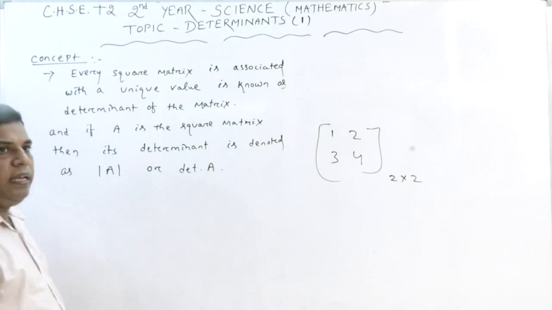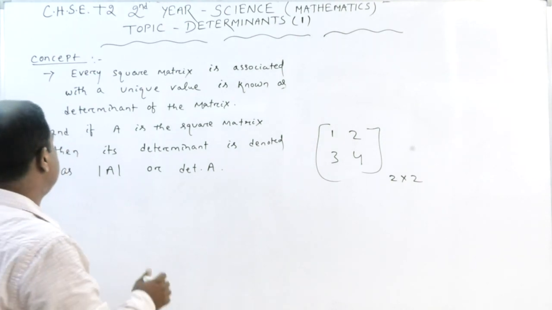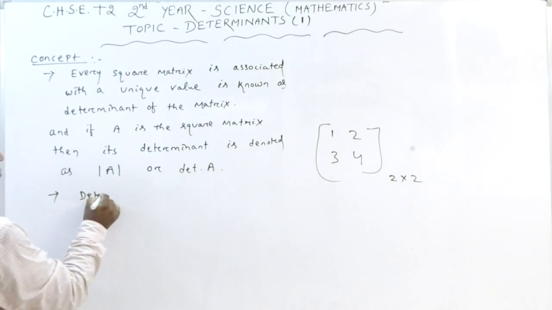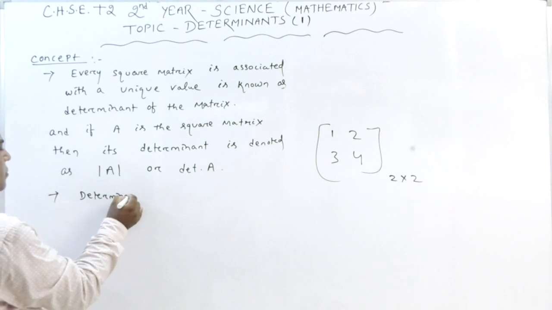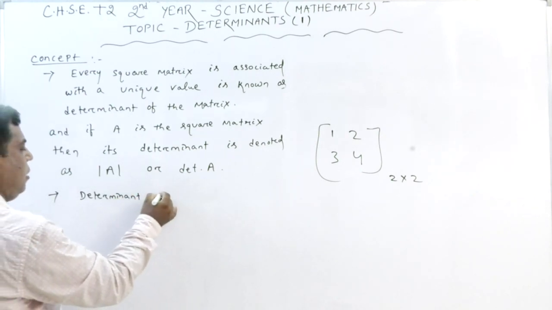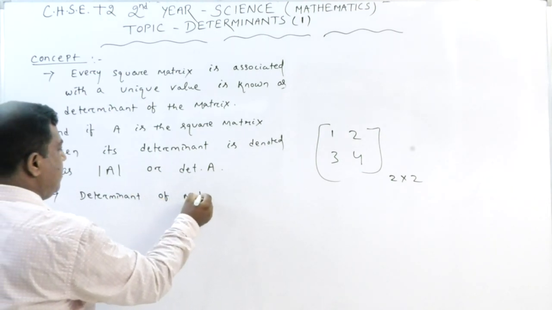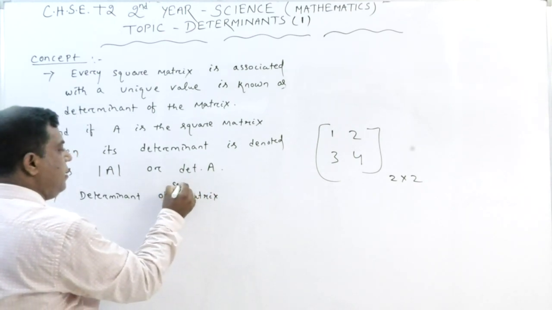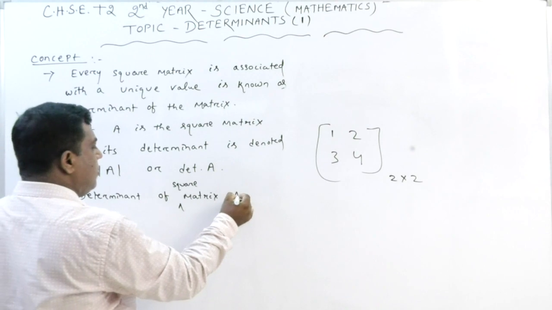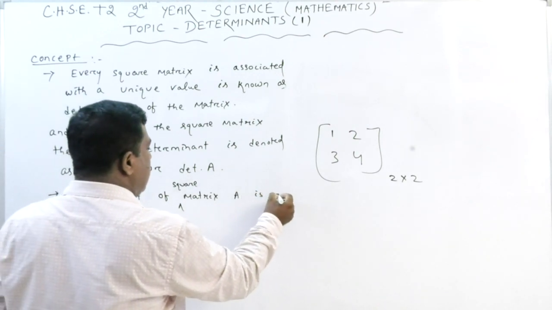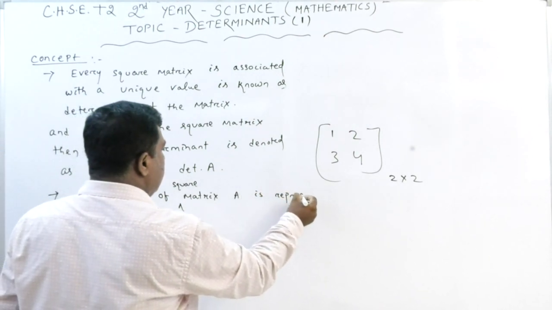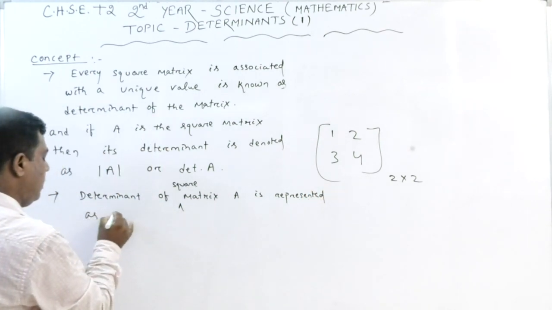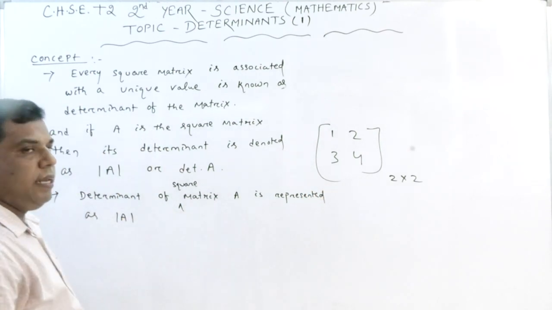So next, the determinant of the square matrix A is represented as I already told you.